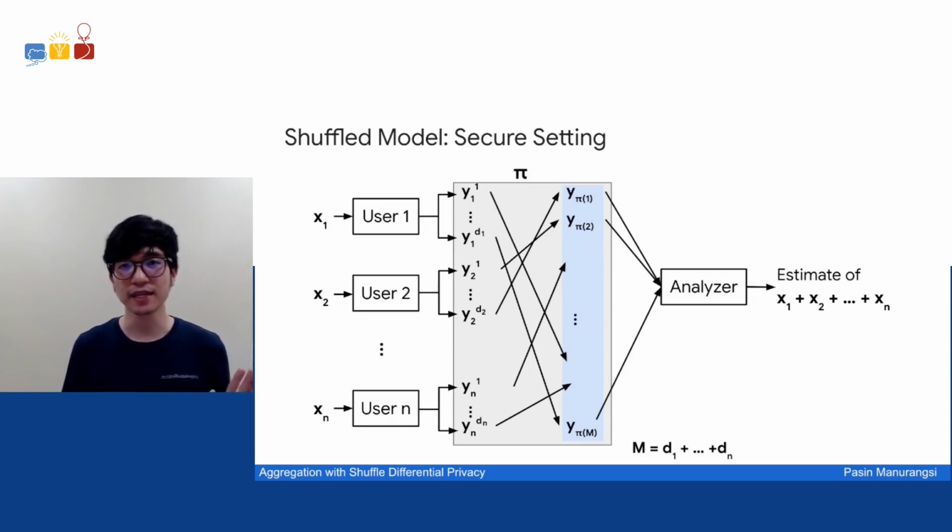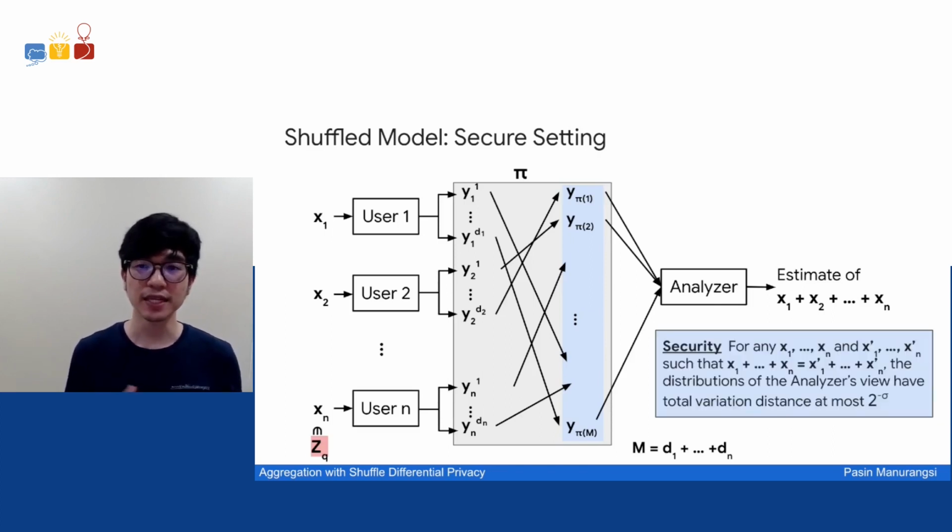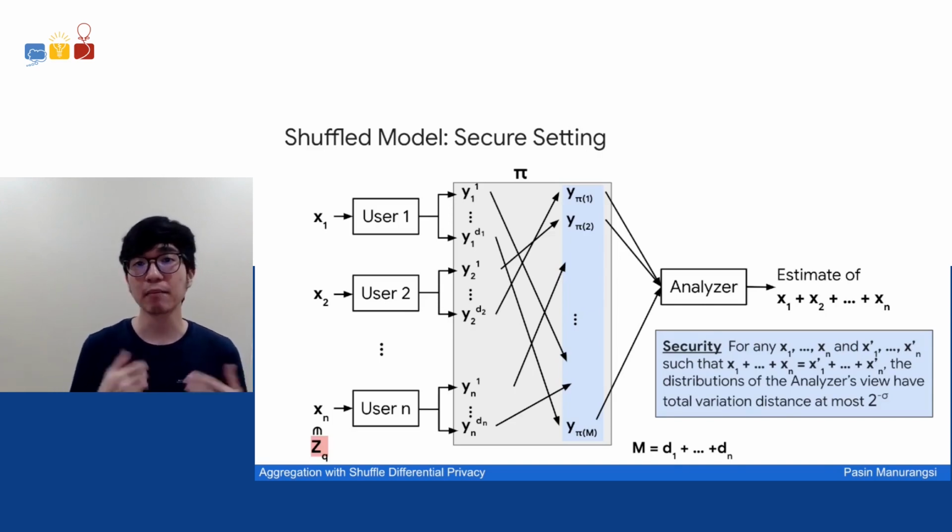In security, the setting is the same as before, except that now each x_i is from some field Z_q. And security says that if you have two sets of x_i's whose sums are equal, then if you look at the distribution of the shuffled messages, that distribution shouldn't be different in total variation distance.